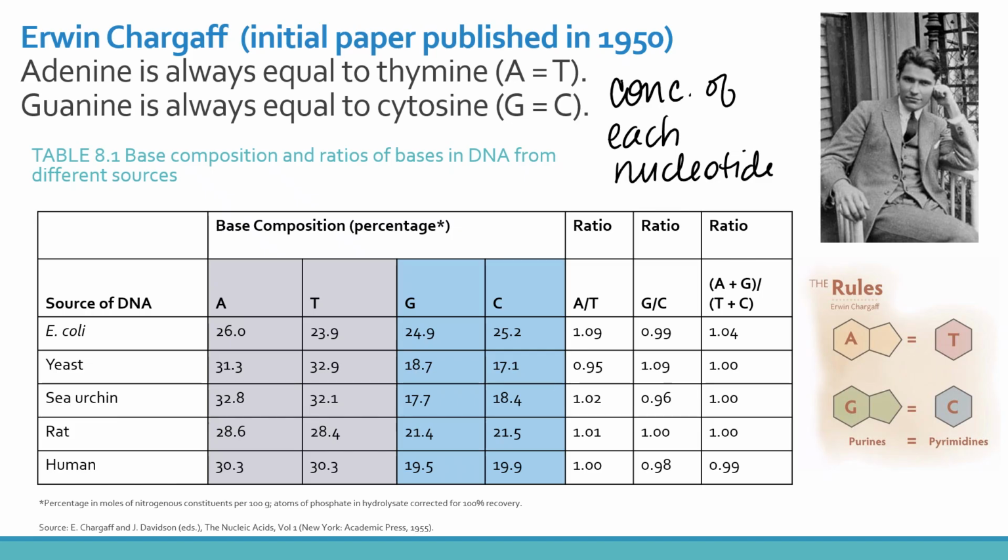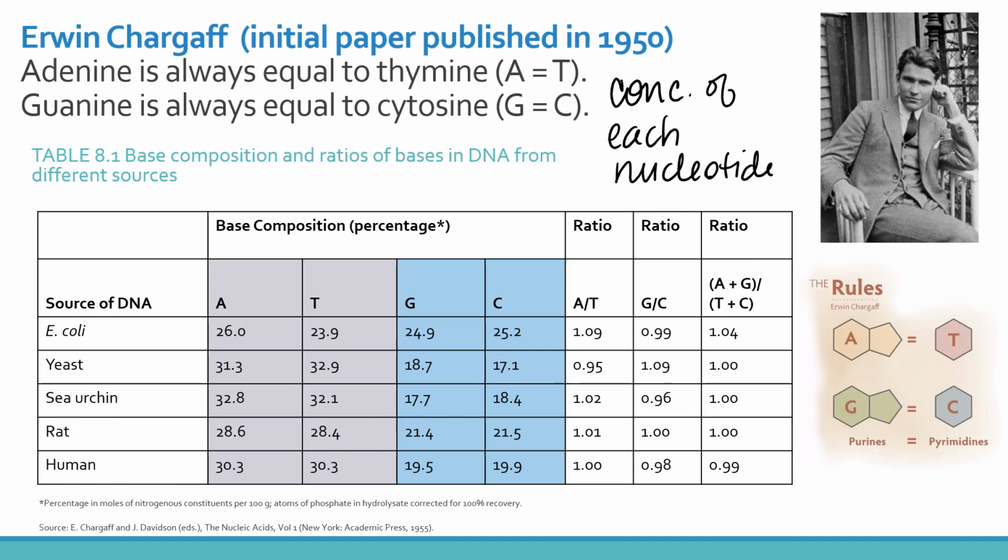He was doing analysis to determine how much of the total weight of the DNA molecule was adenine, thymine, guanine, and cytosine. And he looked at a variety of different organisms, determined the base composition, the percentage of bases in each of these organisms. And he noticed a trend.